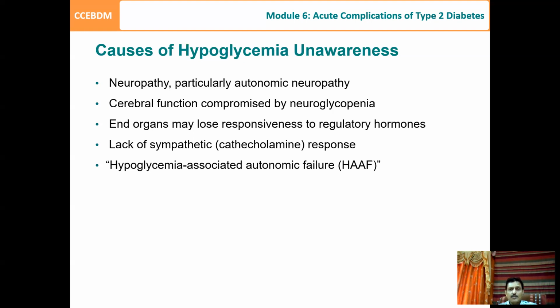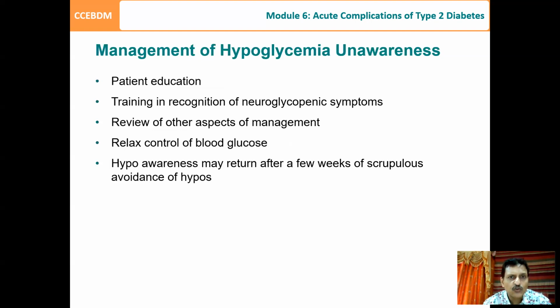So when there is hypoglycemia associated autonomic failure, it means that the patient has an autonomic neuropathy with autonomic failure to recognize hypoglycemia. We call it hypoglycemia unawareness. As I've told you, this is often dangerous because the patient can land up with neuroglycopenic symptoms, directly into unconsciousness or seizure or coma.